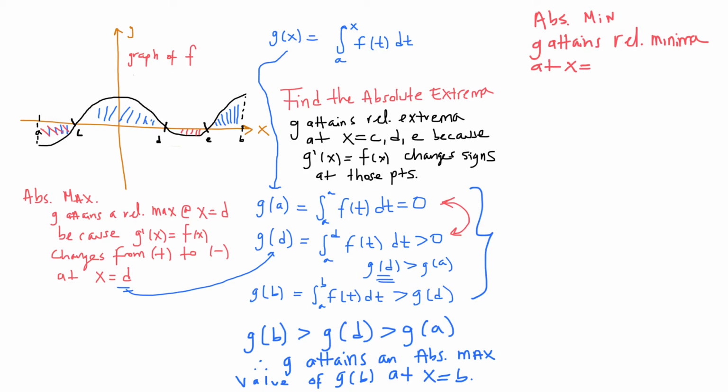C and E. And the justification for that is because G prime, which equals f, changes from negative to positive at those points.